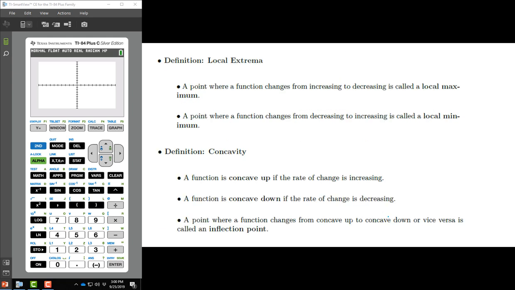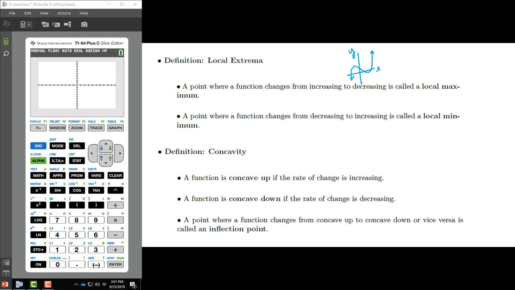All right, another concept we want to look at is the idea of a local maximum or a local minimum. So here we'll go ahead and draw a quick set of axes. Sorry, that's a little bit off, isn't it? And so let's say I've got my graph that looks like that.